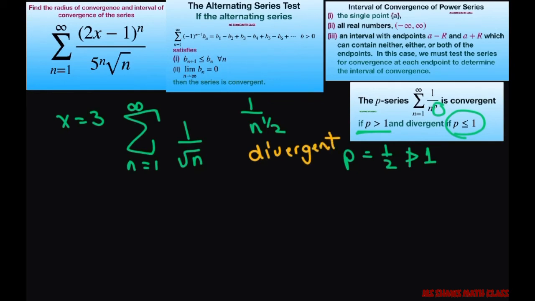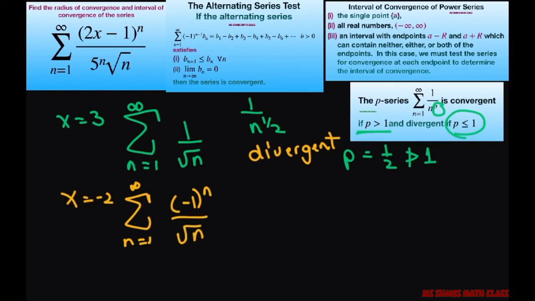Now let's test when x is negative 2. So we have x equals negative 2. We're going to get the series n equals 1 to infinity of negative 1 to the power of n divided by square root of n. Now this does converge by the alternating series test.